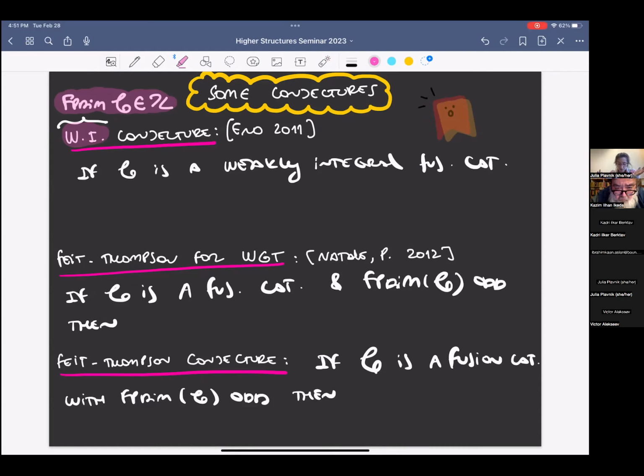And what Etingof, Nikshych, and Ostrik proposed a couple of years ago is that if C is a weakly integral fusion category, it always can be constructed from groups in a certain way, and they call it weakly group theoretical.